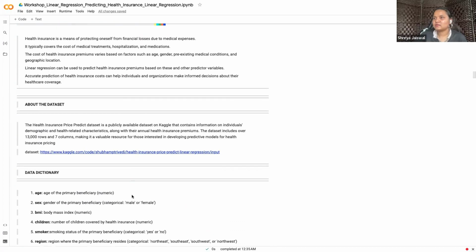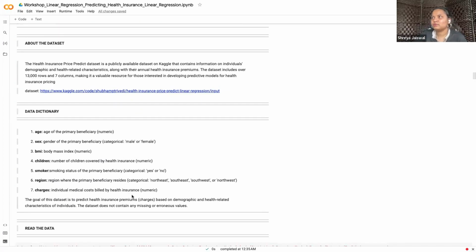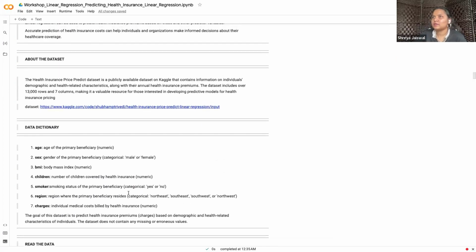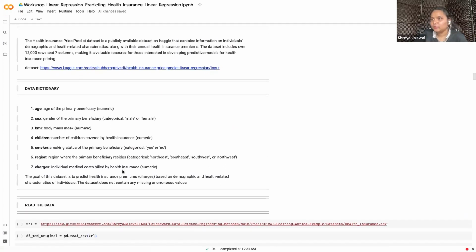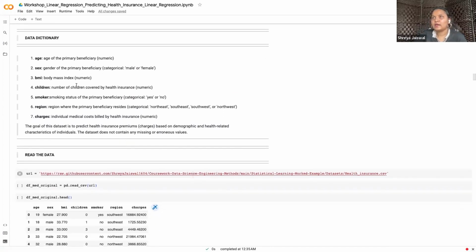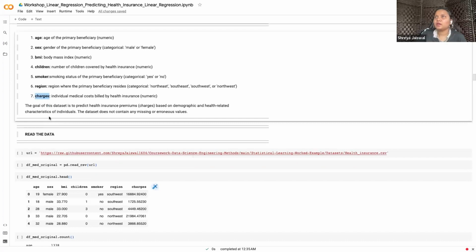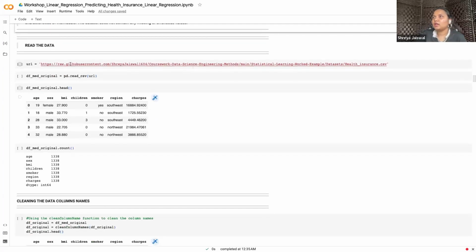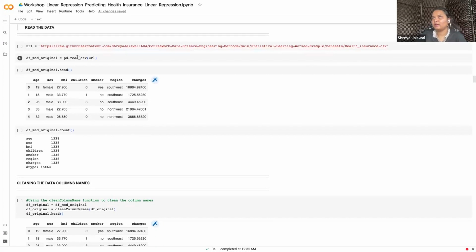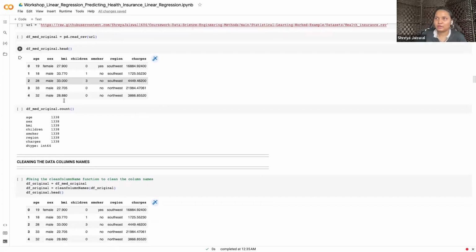So this is the data set which we were talking about. It's present on Kaggle. You can also go have a look at the data set. It basically has, as I said, 7 columns. Charges is our response variable, and these are the other features. Here I'm reading my data set into the data frame.